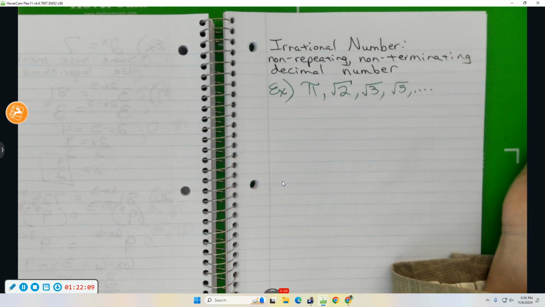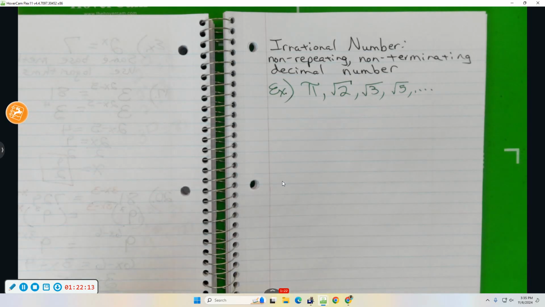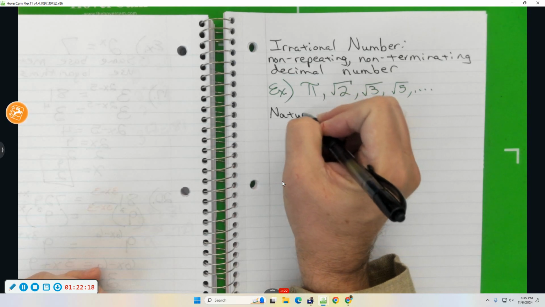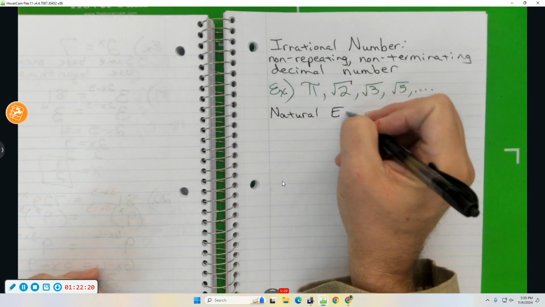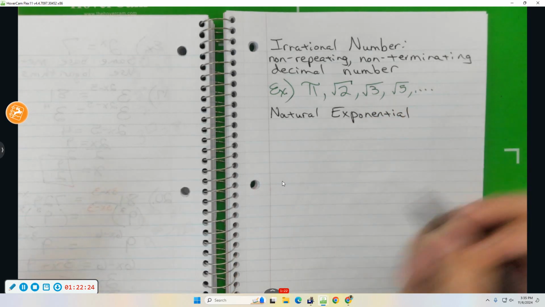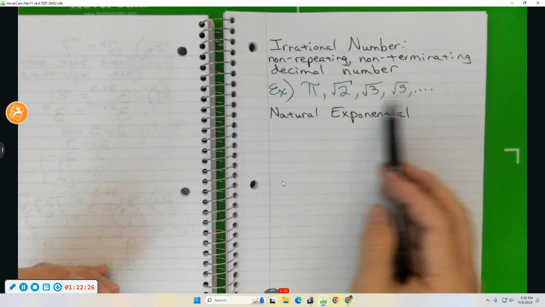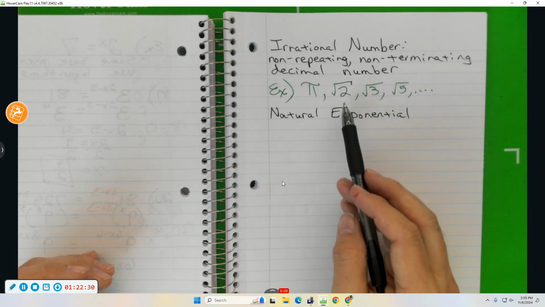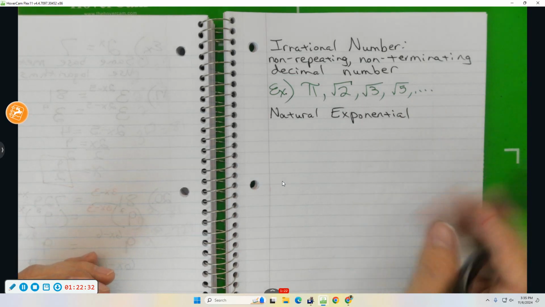There's another irrational number, one that you've probably not run into before now. It's called the natural exponential. Exact values of irrational numbers have to be represented using a symbol because you can never write out all those digits.